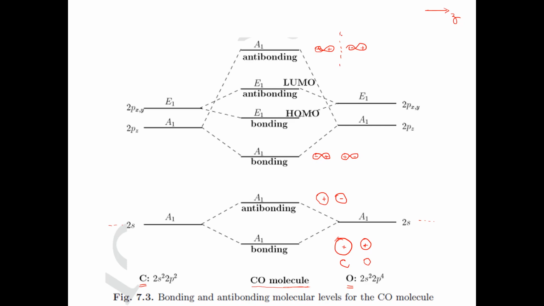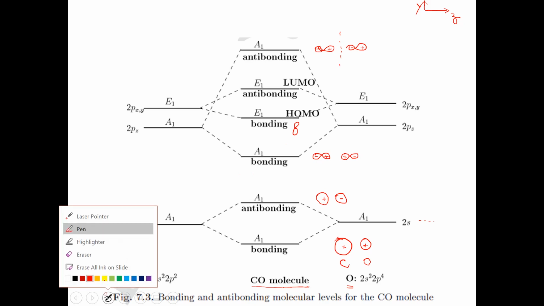Okay, so what about the PX PY for oxygen and for carbon? Again, I form two combinations, bonding and anti-bonding. I'm going to draw here, let's call it the y-axis right here. The vertical axis, let me call y. And so the bonding combination of PY orbitals is going to be something like that.